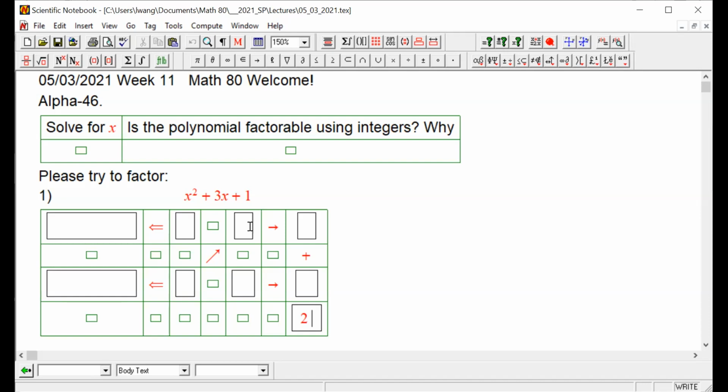So a lot of them can be factored using the techniques we learned. But we also need to know that if the technique doesn't work, is there a way that works all the time? Yes, there's a way that works all the time. But why don't we use the method that works all the time? That's a question, right?